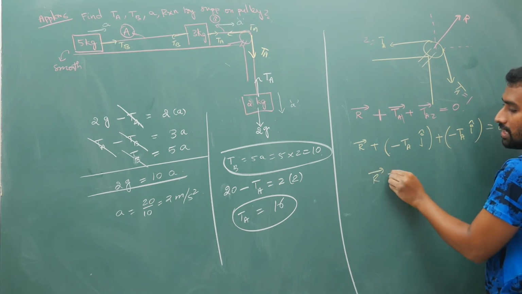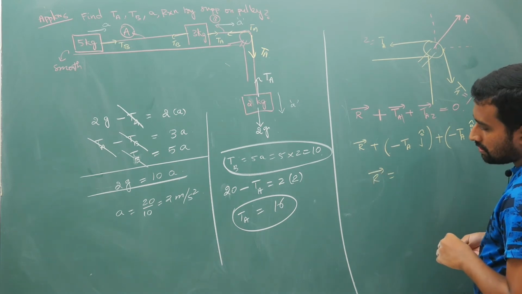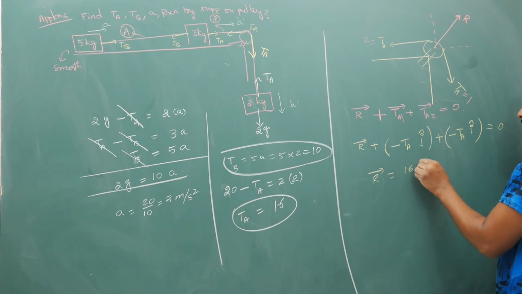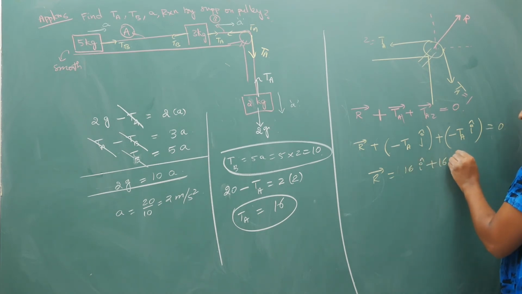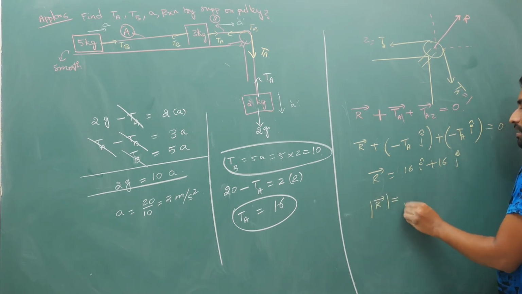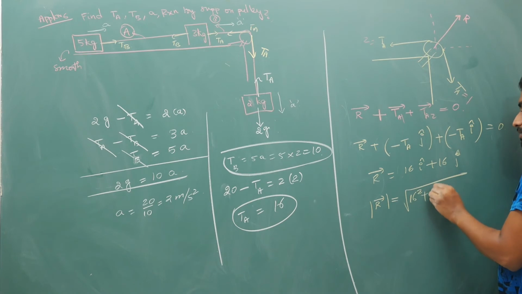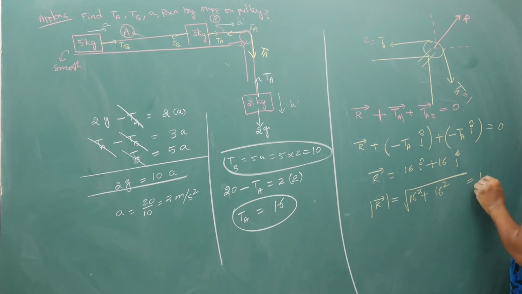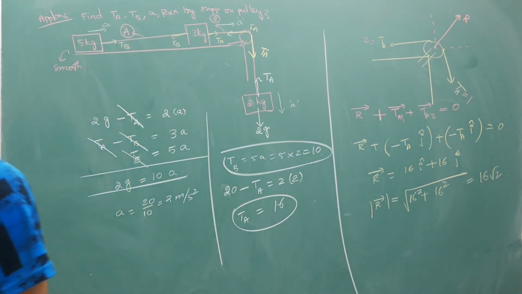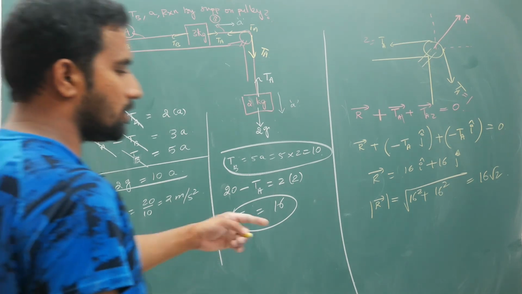Your reaction R bar is, TA is 16, you send it to the other side, it will become 16 i cap plus 16 j cap. Your magnitude of reaction is under root x component square plus y component square, that will give you 16 root 2 as your answer. Okay, so like this you are supposed to calculate reaction force. If it is in vector form, you give it in vector form. Okay, if it is asked in terms of magnitude, do this.